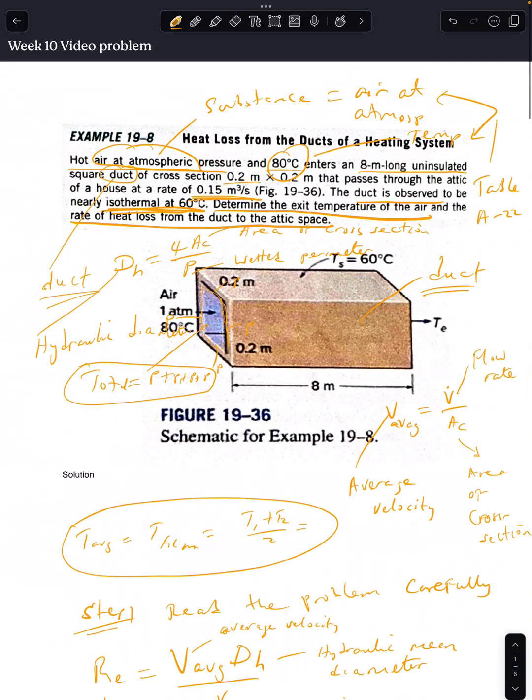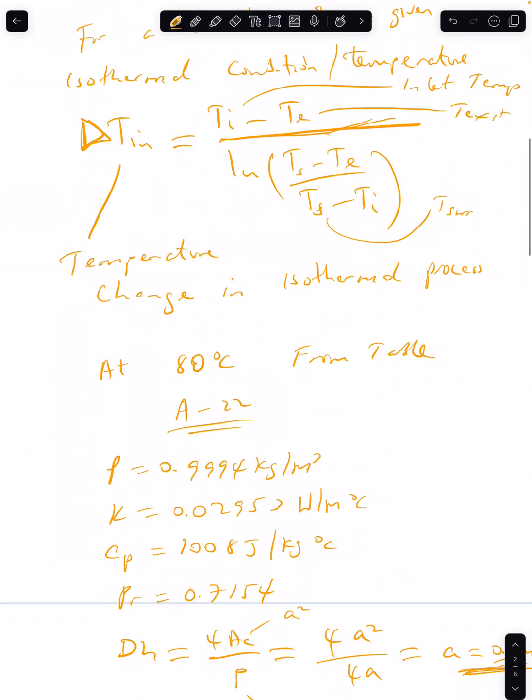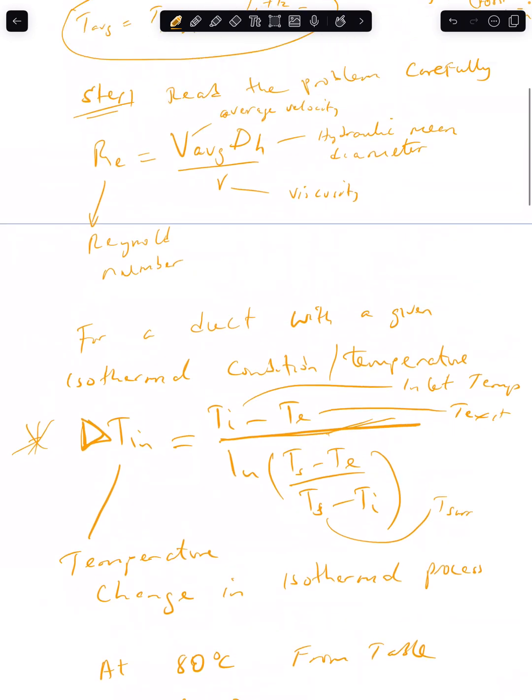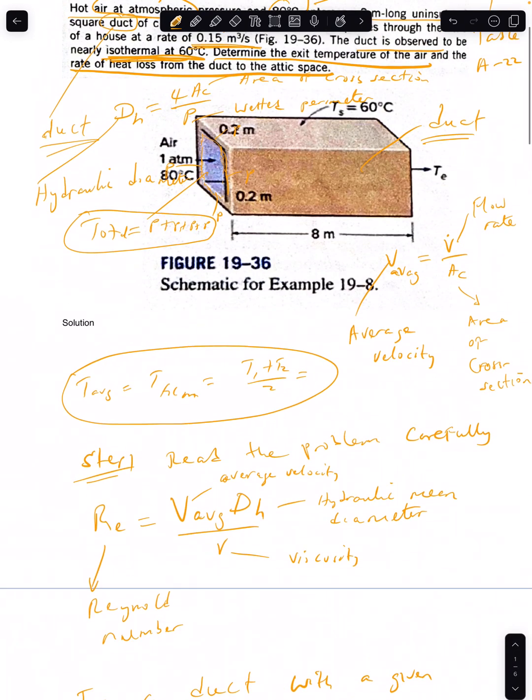So the system must be undergoing an isothermal process. That is the only time we can apply this expression for the log mean difference. And in that case, we don't need the average temperature. So this is not needed.